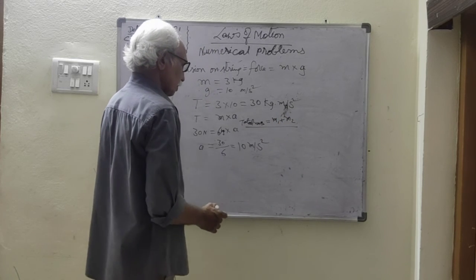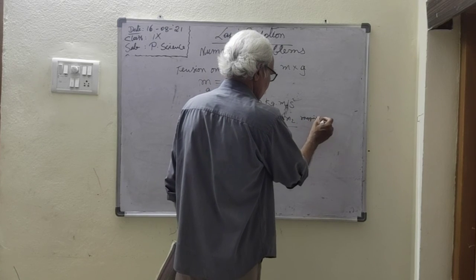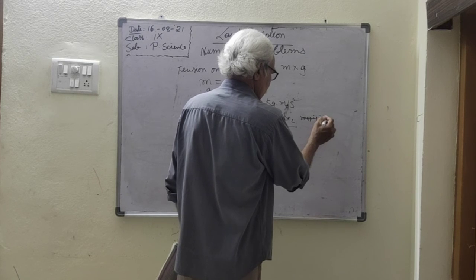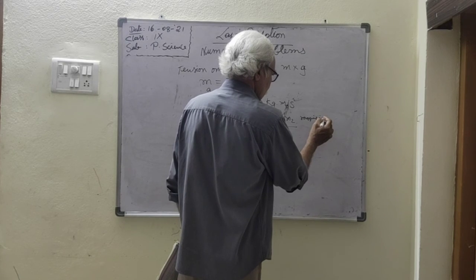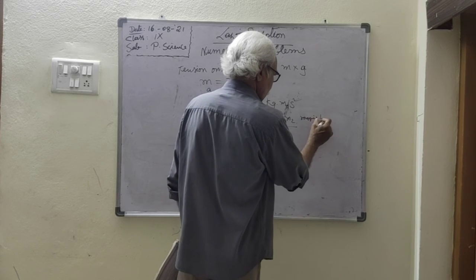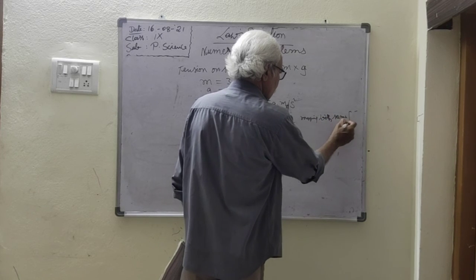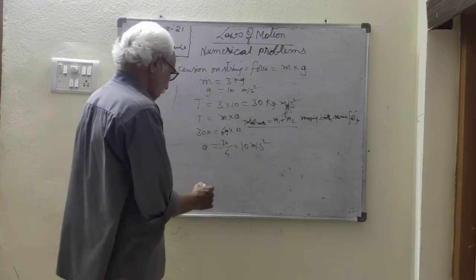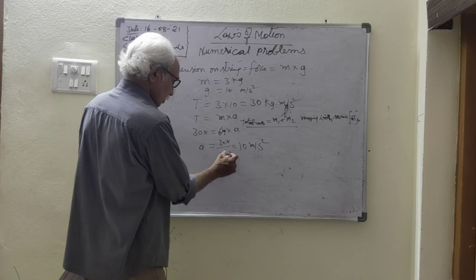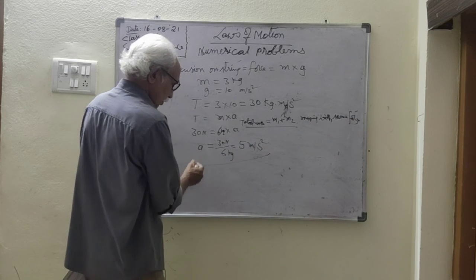Both are moving in the same direction with the same force. So A is equal to 30 newtons by 6 kg, which is equal to 5 meter per second square.